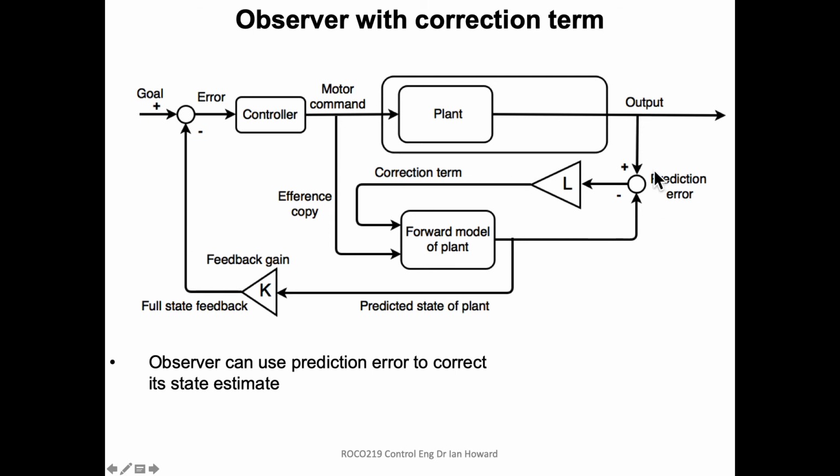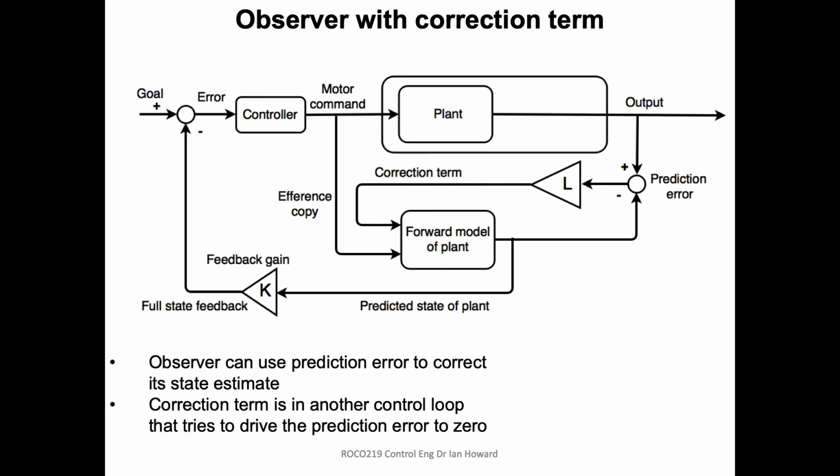And what we do is we just have a feedback loop in the system that takes the output as the goal. It takes the prediction as being what we're generating by the model, and then using a gain, we have this negative feedback loop to drive the model in order to generate the prediction that we actually see in the real world. So what we're doing is we're correcting the forward model, in this case, by using the real output.